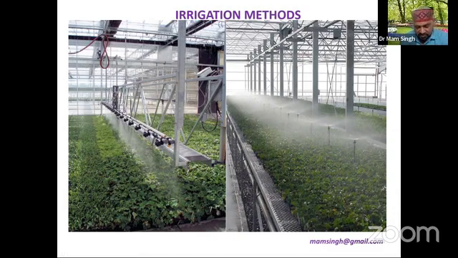NPK and micronutrients. If we say the application of nitrogen here ranges, depending on the plants, from 120 ppm to 145 ppm. In the case of phosphorus, 60 to 85 ppm, in the same water solution. And potash, 40 to 60 ppm, can also be taken up in the same.